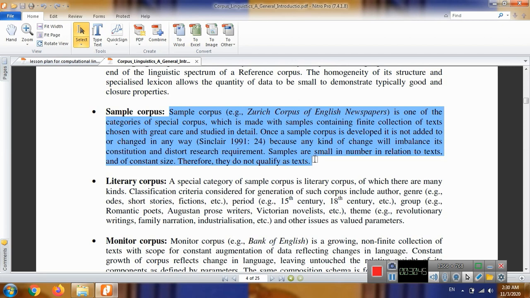Once a sample corpus is developed, it is not added to or changed in any way, because any kind of change will imbalance its constitution and distort research requirements. Samples are small in number in relation to text and of constant size, therefore they do not qualify as text.